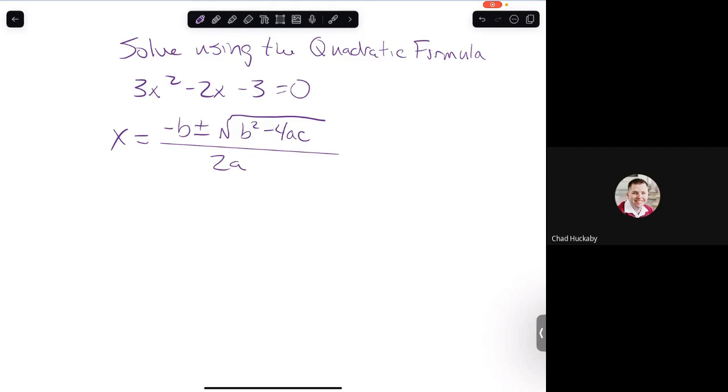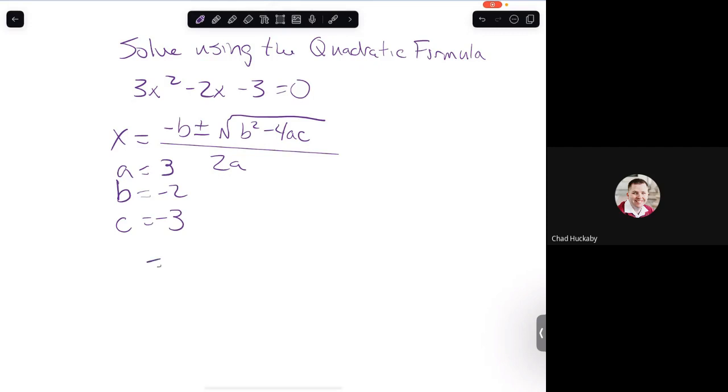Okay, so what is our value for b? Well, b is equal to -2. A is equal to 3, our leading coefficient, and c is equal to -3. So we plug in those values.